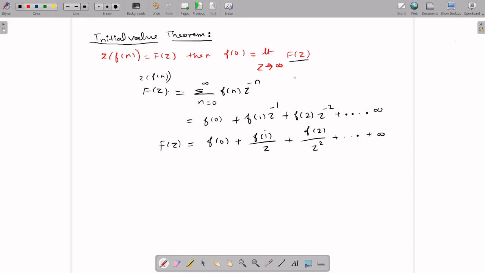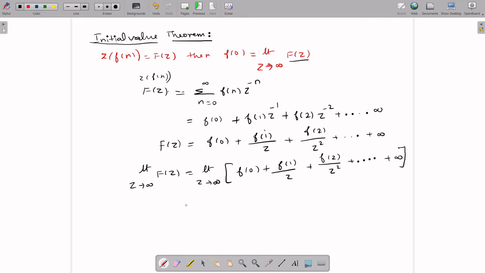But according to our initial value theorem, you have to take limit z tending to infinity for this function. So taking the limit as z tending to infinity, F of z is equal to limit z tending to infinity of each and every term in this summation. Plus etc. up to infinity.